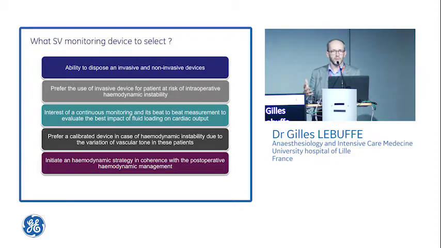The postoperative team has to use the monitor that you used during the intraoperative procedure. This monitoring is associated with a financial cost, and it's not logical that this monitor is not used during the postoperative period. So we have to think with the postoperative team in order to have a logical strategy with this high-risk surgical patient.